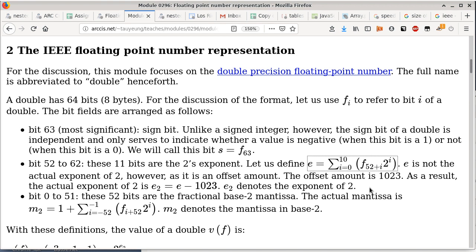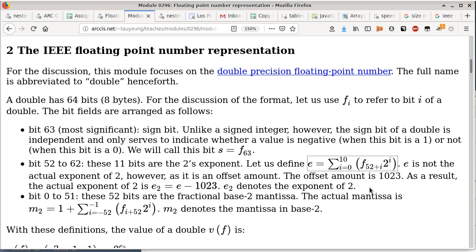Each term is f subscript 52 plus i, times 2 to the power of i. All it is saying is, let's take bit 52 to bit 62, treat it as an unsigned integer, and find out what the unsigned value of those 11 bits is. That's what this equation is trying to say.